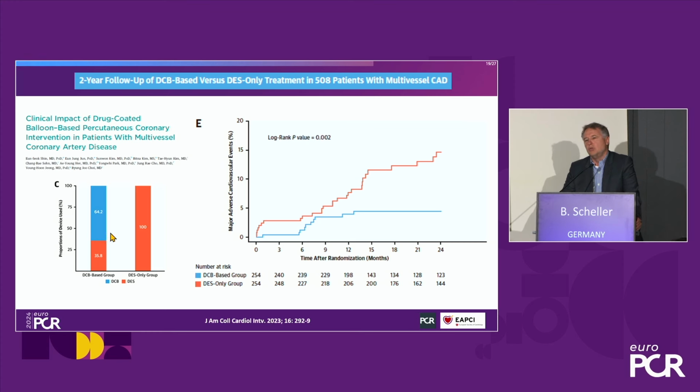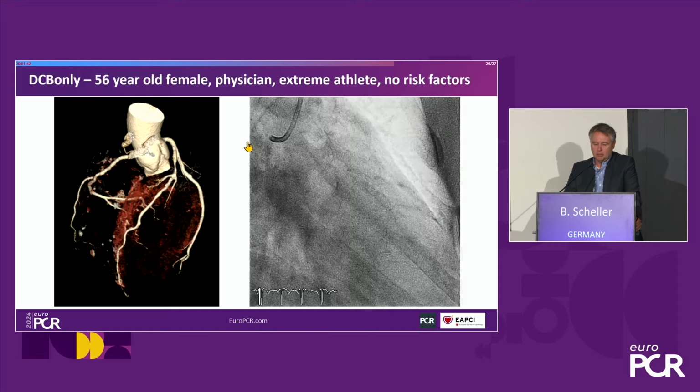This means 2 of 3 vessels, lesions were treated with DCB, 1 was treated with a stent. And in this analysis, you can see at 2 years, the event rate was significantly smaller with this hybrid approach than with the pure stent approach. This has to be confirmed in prospective randomized clinical trials, but I think it's very encouraging.